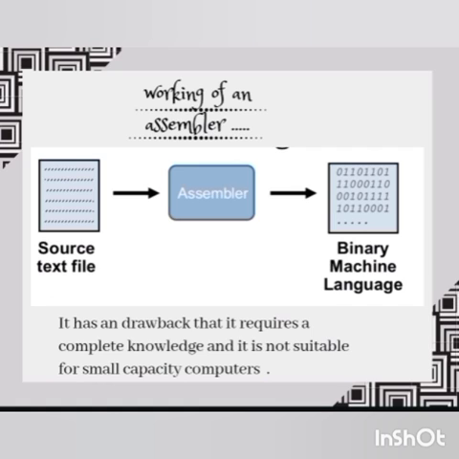Machine language means binary codes, the codes which are understood by a computer. There are some disadvantages that I have just told you, and because of these disadvantages, assembler is not in use nowadays. Hope the working of assembler is clear.